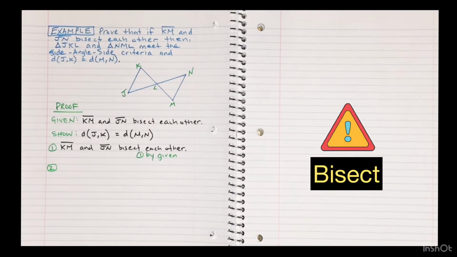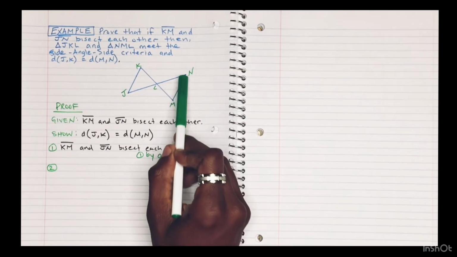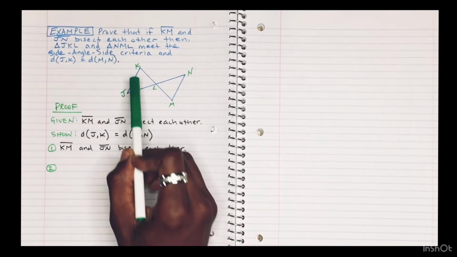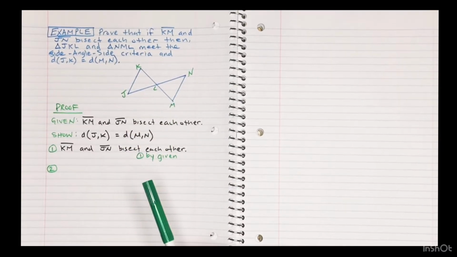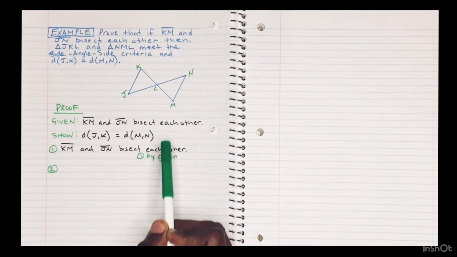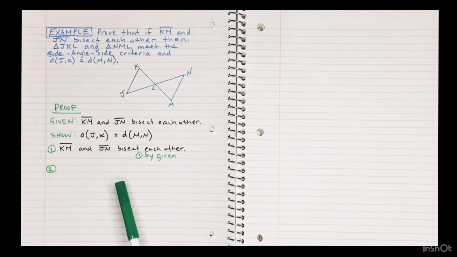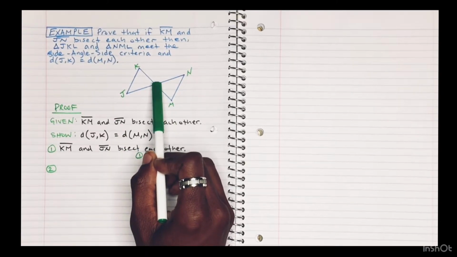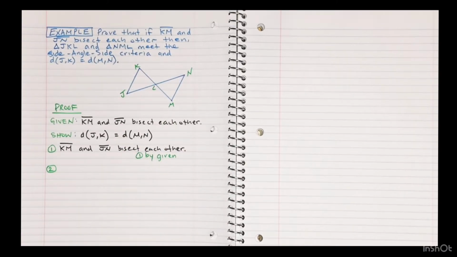You may want to write this down on the side. The word bisect just simply means to divide into 2 equal parts. So they're saying that this line divides this line into 2 equal parts, and this line divides this line into 2 equal parts. And they intersect right there at L. That's where they bisect each other into 2 equal parts.